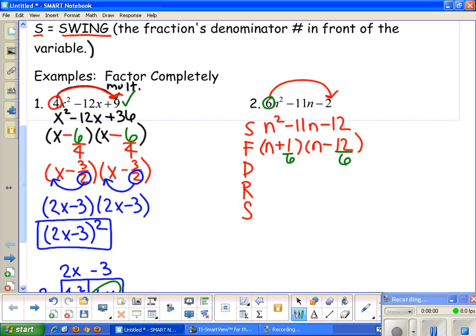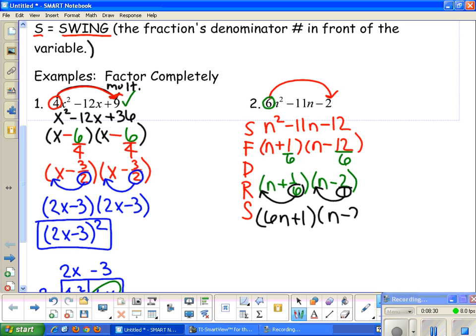When I do that, R stands for reduce, so we want to reduce the fractions. So n plus 1 over 6 doesn't reduce, so it's going to stay the same, and this would become n minus 2. Now we're not finished, because if I have numbers left in my denominator, I take those numbers and I swing them in front, and this one is really over 1, so really it's like we're swinging the 1 in front there, we just don't write the 1. So this then becomes, when we do that, 6n plus 1 and n minus 2.